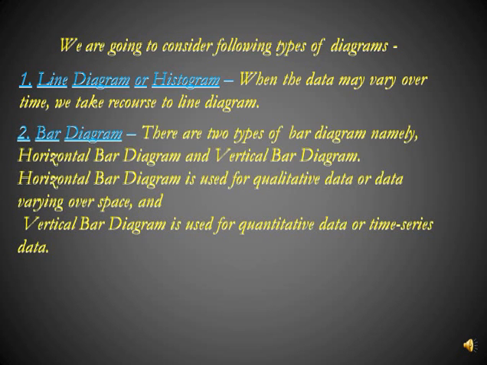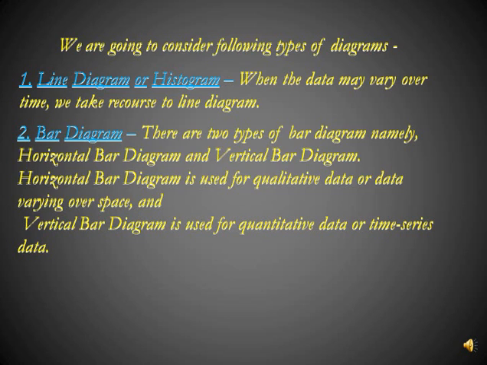Then we have bar diagram. There are two types of bar diagrams, namely horizontal bar diagram and vertical bar diagram. While horizontal bar diagram is used for qualitative data or data varying over space, the vertical bar diagram is associated with quantitative data or time series data.